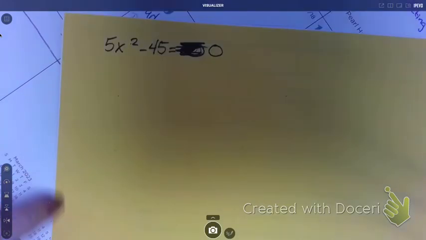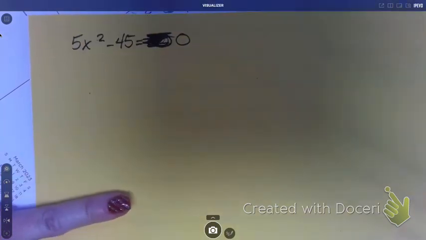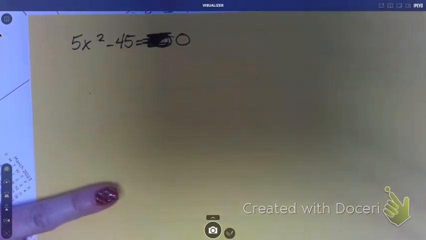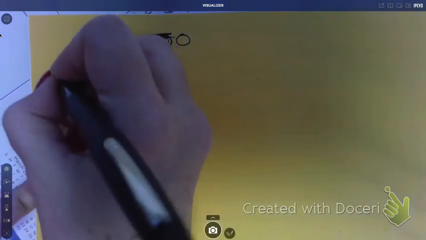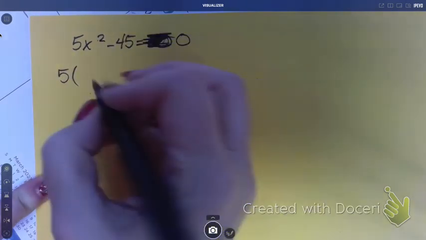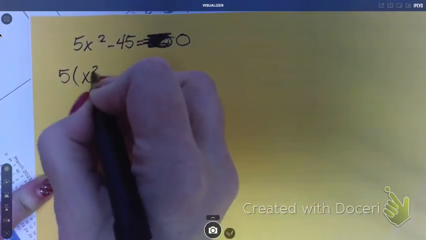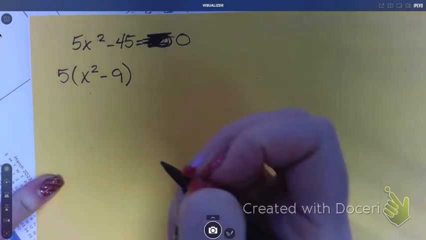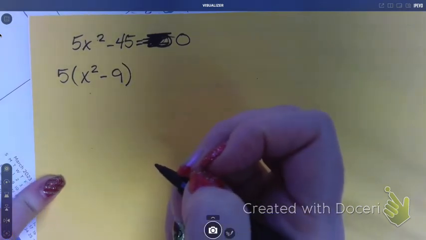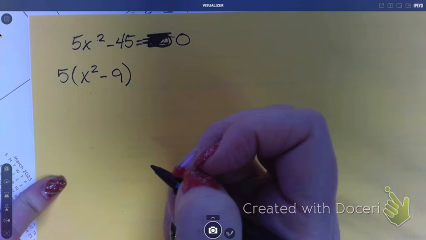What do those two terms have in common? 5. So should I factor it out? Yes. So I have 5, and what am I left with? x squared minus 9. And I have to completely factor. Can I factor x squared minus 9?